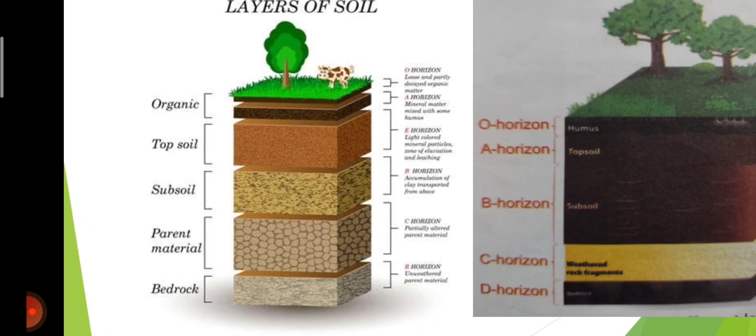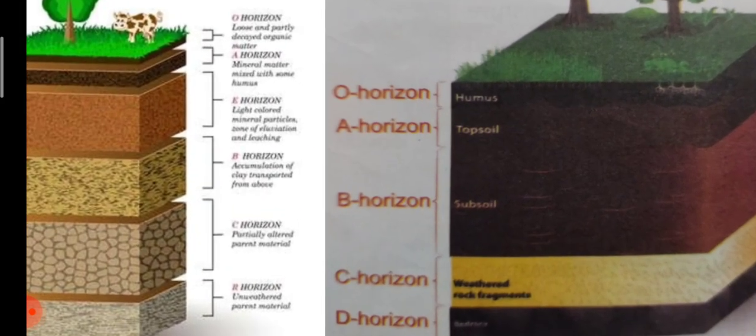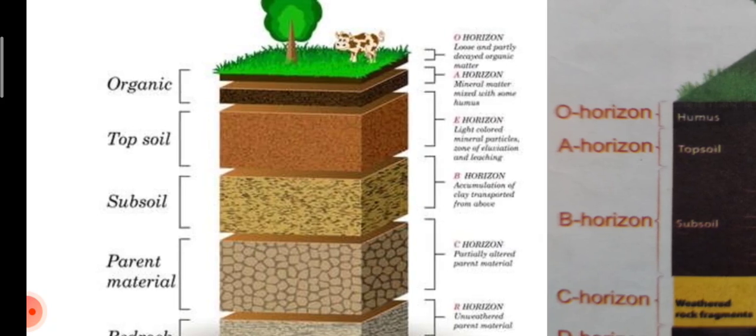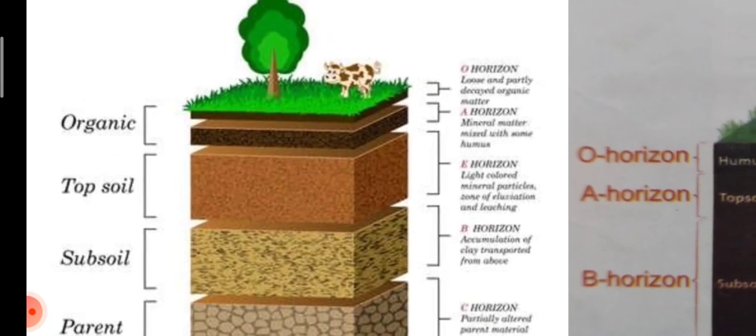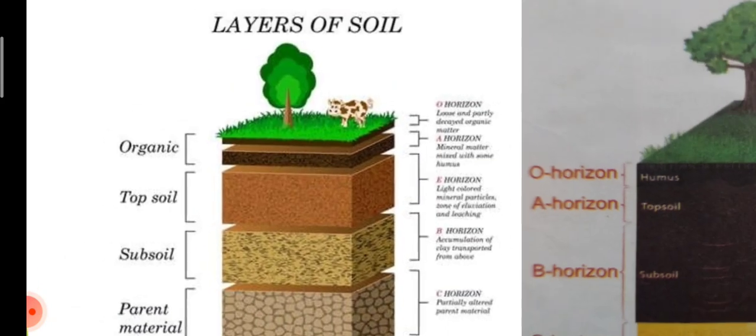You can see here the first, which is also known as the O horizon or the A horizon. In the A horizon, there are some organic materials and some minerals found, mixed with some humus.